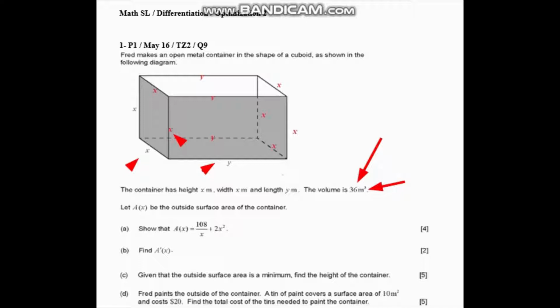And we want to find A of x. We are still trying to find A of x in terms of x only, not in terms of x and y. Hence, we are going to use the volume in order to remove the y.